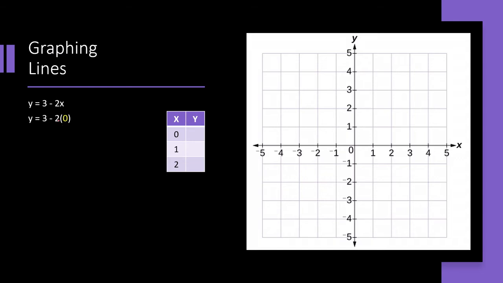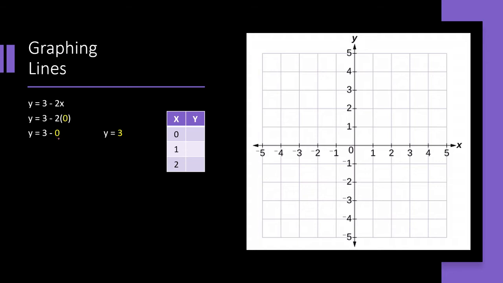What I'm going to do first is perform these two, because the order of operations says that we have to do our multiplication first. Number two, we need to get rid of the x, figure out the value of x. So 2 times 0 is equal to 0. Therefore, y is equal to 3 minus 0.